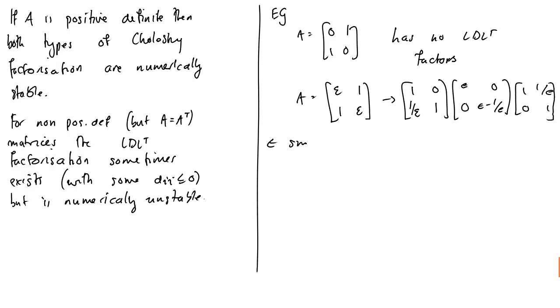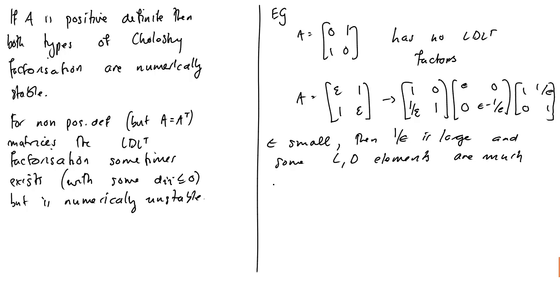If epsilon is small, then 1/epsilon is large, and some L and D elements are much greater in magnitude than A elements.